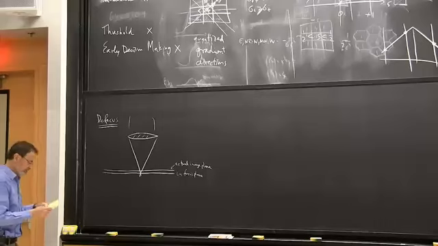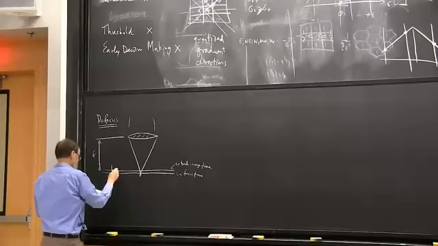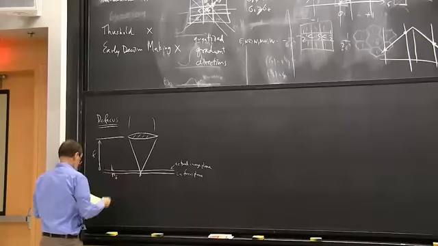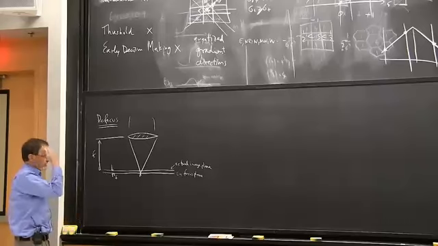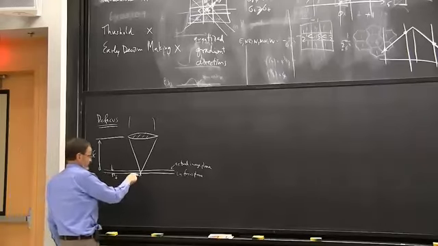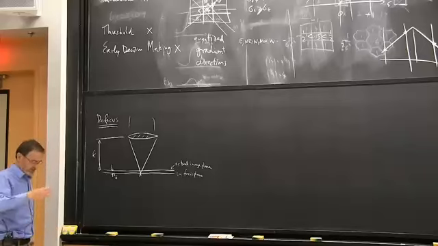So what did I call this? So this is F, and I guess I call this delta. So when I look at the image of that star, it's no longer an impulse, a point.